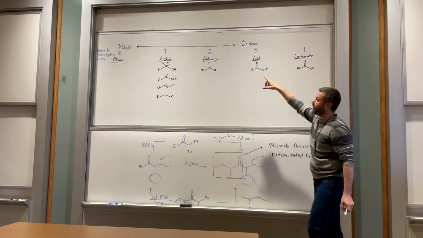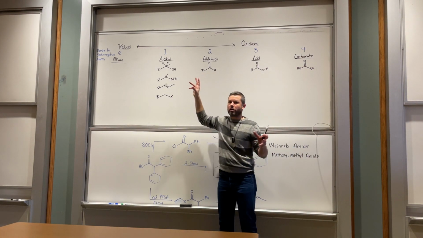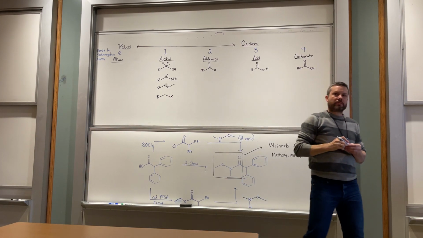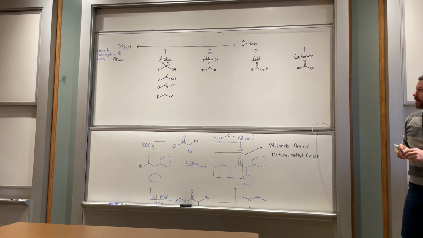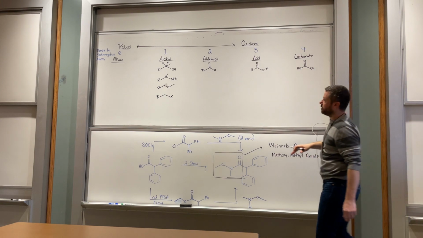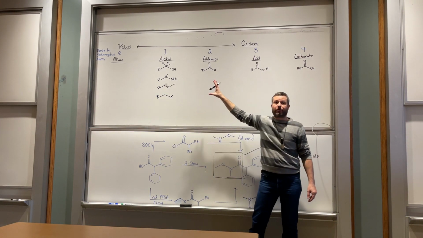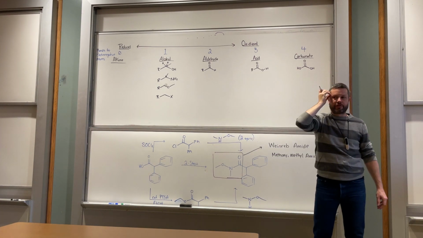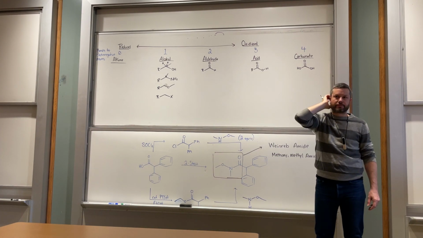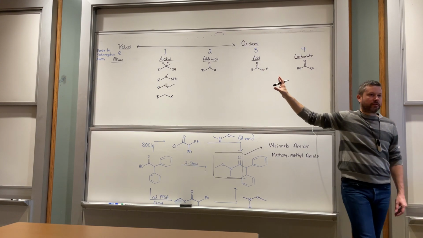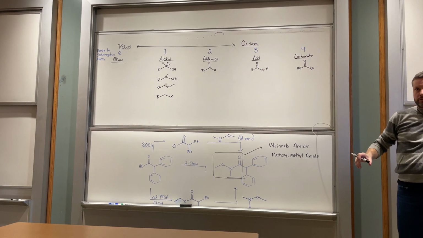So we call it an alcohol because the alcohol kind of represents the electronegative bonding pattern in that oxidation state. But all of these functional groups and more would fall under that umbrella of the alcohol oxidation state. All right, questions about that? Everybody sees what's going on here?